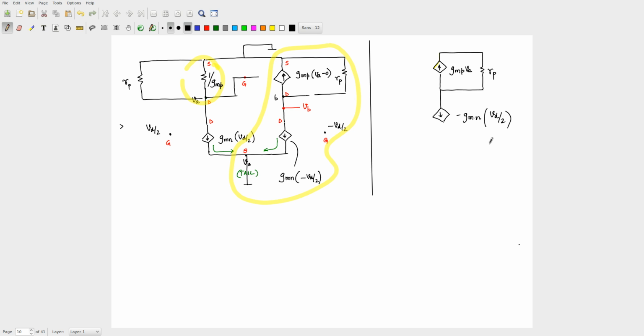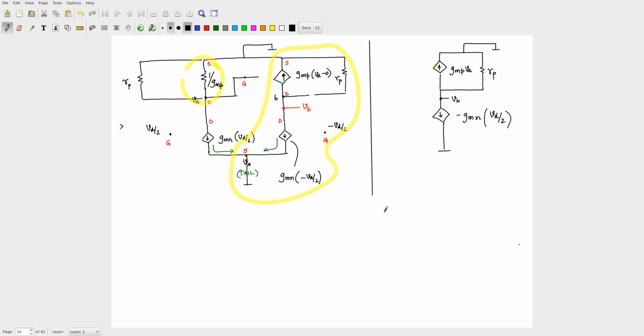This current source is also connected to ground, and I have this connected to ground here. Alright, and this particular voltage is your VB.